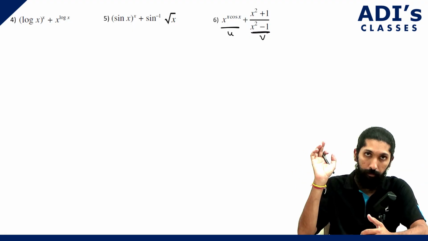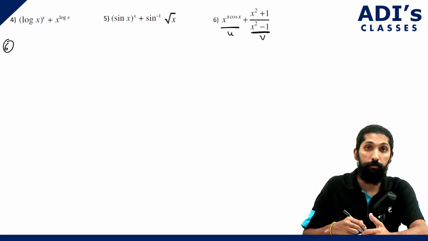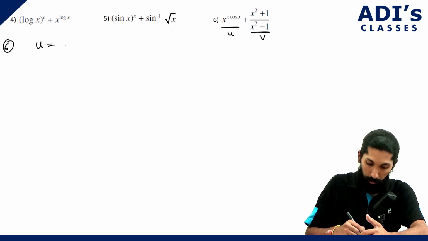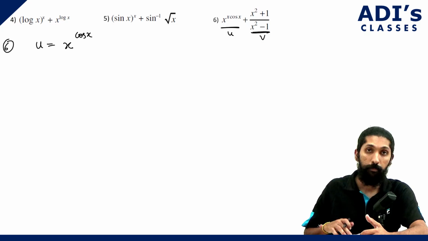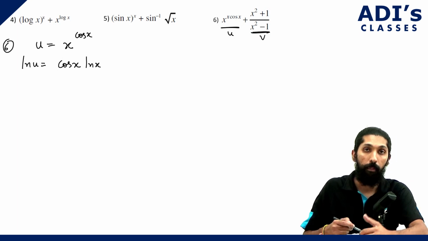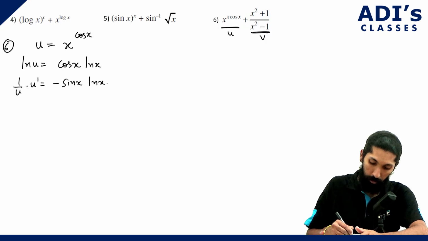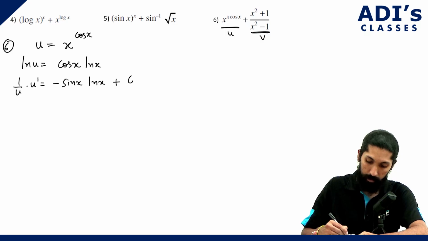Anyway, the sixth one now, we'll start with the u value. u is equal to x power cos x. Now, log of u is cos x log x. Differentiate: 1 by u into u dash is minus sin x into log x plus cos x divided by x.